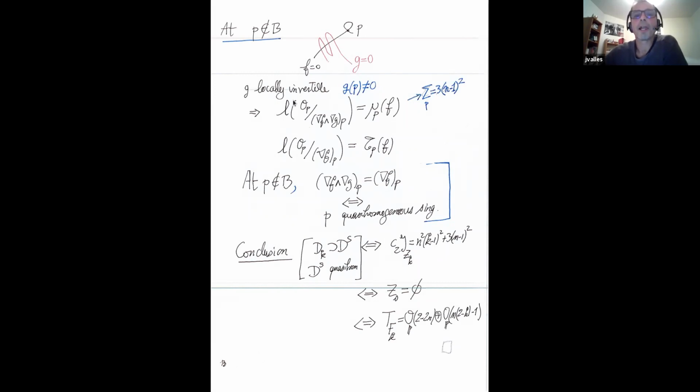If P is not in B, then we have two different numbers appearing. We have this one given by the singular locus of F, and the singular locus of F at P will contribute as a Milnor number, mu P of F. But the contribution of the Jacobian at P will not be this one, but will be this one given by the singular curves at P. And this one is a Tjurina number.